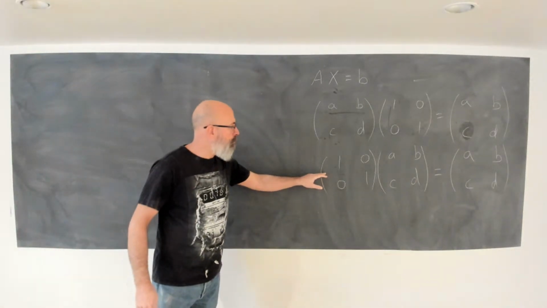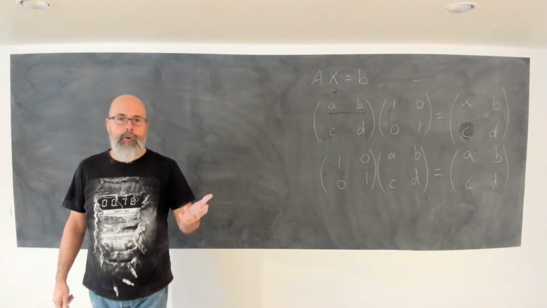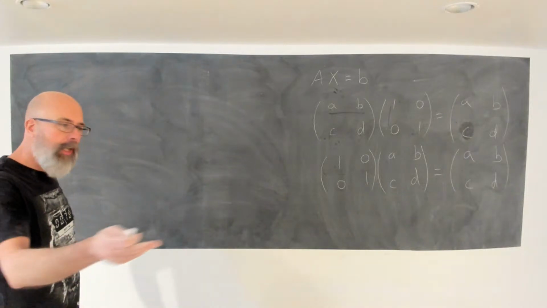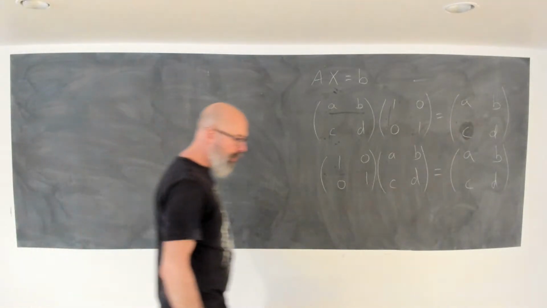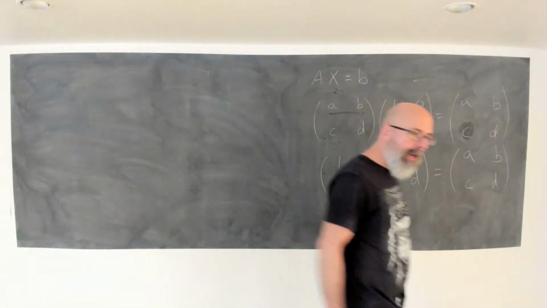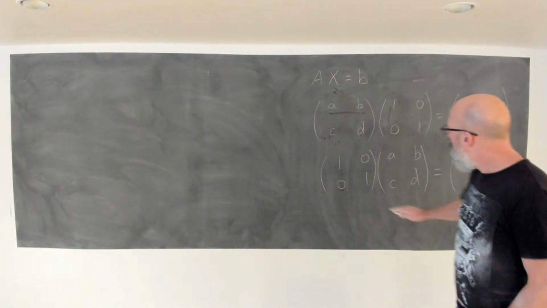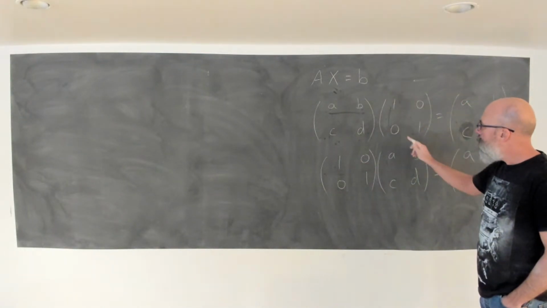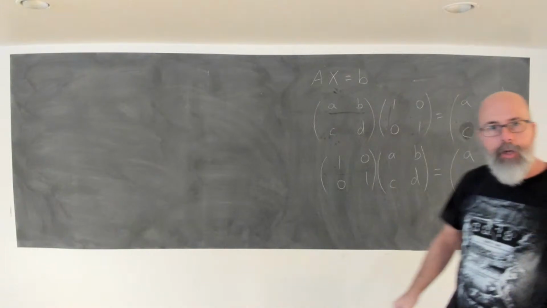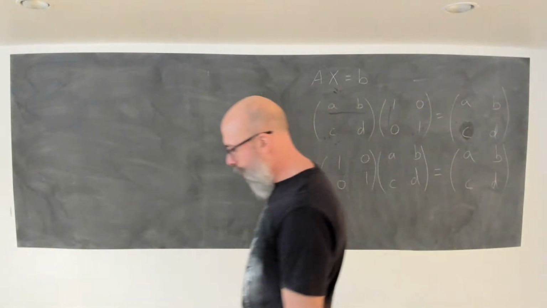Multiplying by this matrix is like multiplying by the number 1. You know that if you take any number and you multiply by 1, you get that number back. Here, this 2 by 2 matrix behaves in exactly the same way. A very important property.